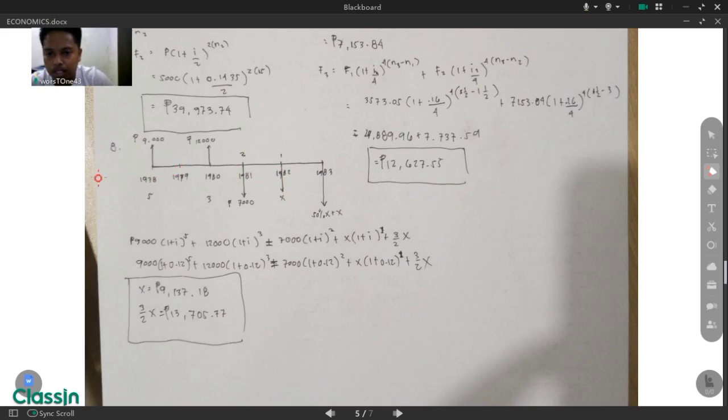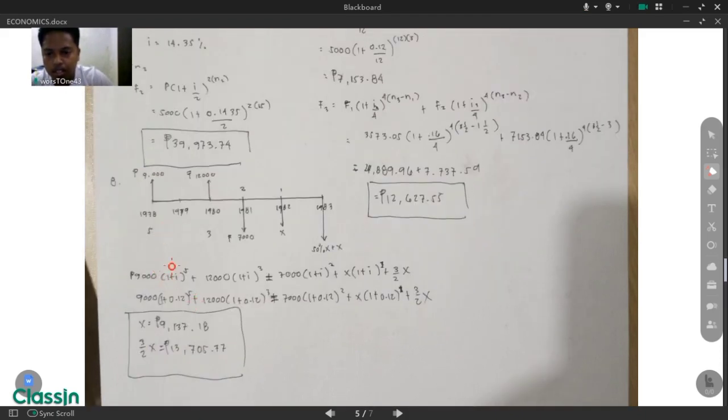Now for the first loan, which is 9,000, times (1 plus i) to the power of 5, since we're finding the F here, we will just be using the positive exponents, and we'll be calculating for the future worth.